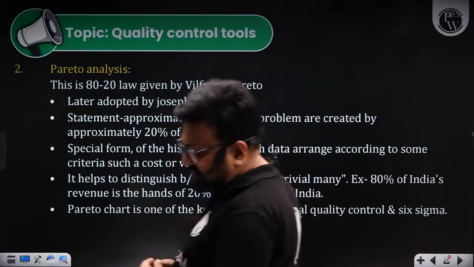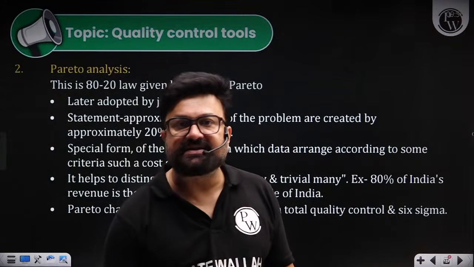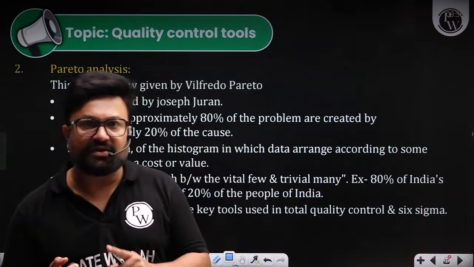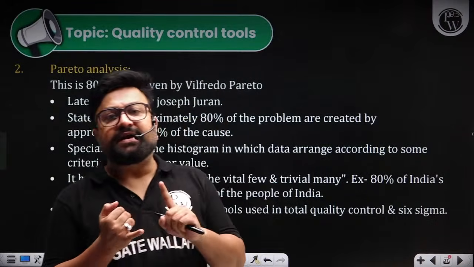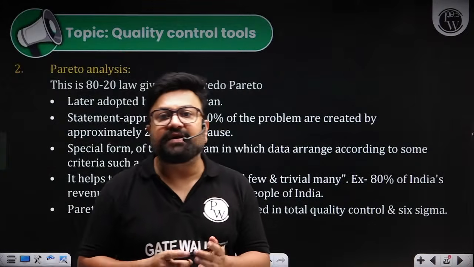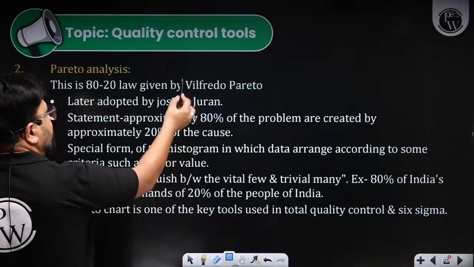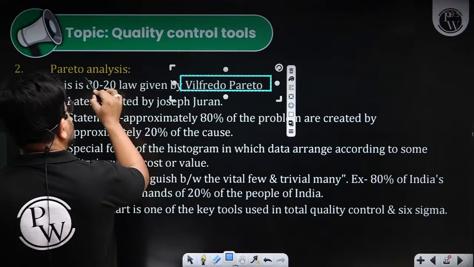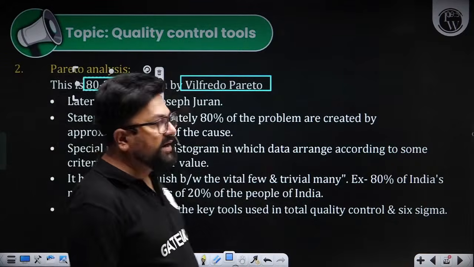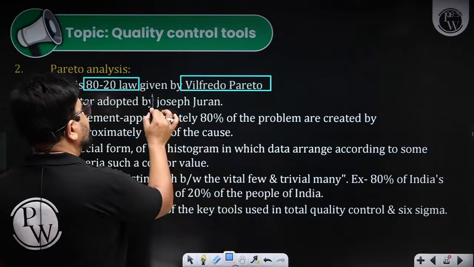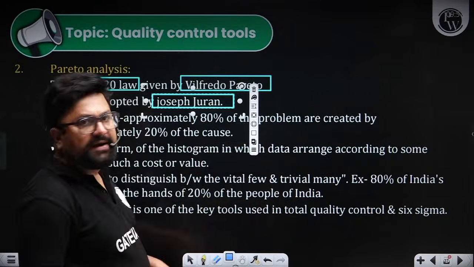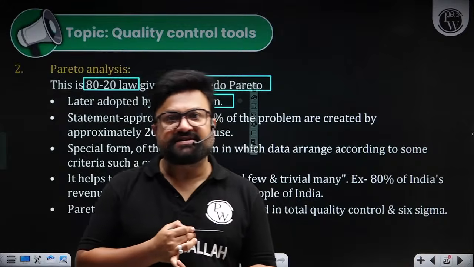Now there is the second tool, that is Pareto analysis. What is Pareto analysis? As I told you, this is the 80-20 law, given by Vilfredo Pareto. Later it was adopted by Joseph Juran.